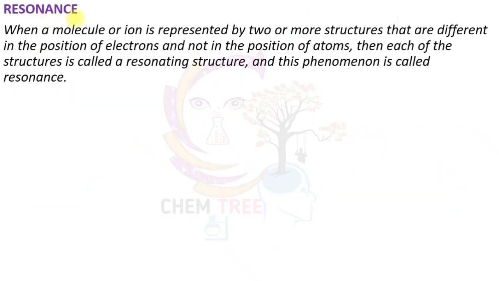Next concept, resonance. When a molecule or ion is represented by two or more structures that are different in position of electrons and not in position of atoms, then each of the structures is called a resonating structure or canonical structure, and this phenomenon is termed resonance.